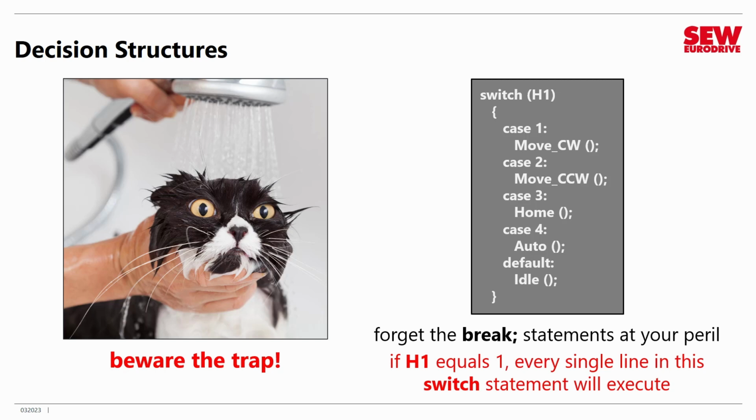It will move clockwise, and then it will move counterclockwise, and then it will go home, and then it will go auto, and then it will go idle. Every single line in the switch statement will execute. The break is there to tell it to get out of the whole switch case structure. And if you forget it, it will just start running through whatever cases remain and executing every single one. That is not good. So don't forget the breaks.